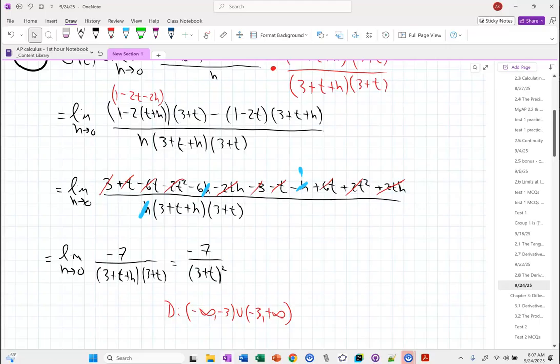So on number 1, notice I gave you the definition of the derivative there. You just have to use it.